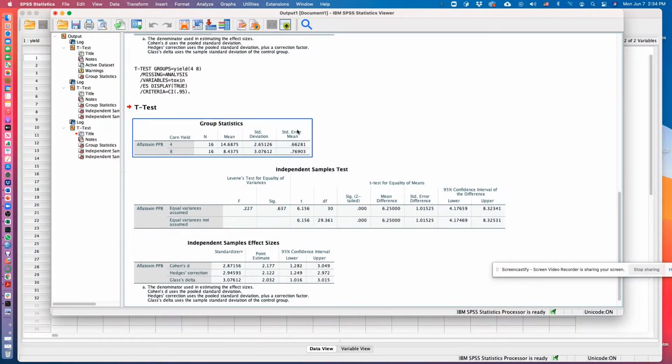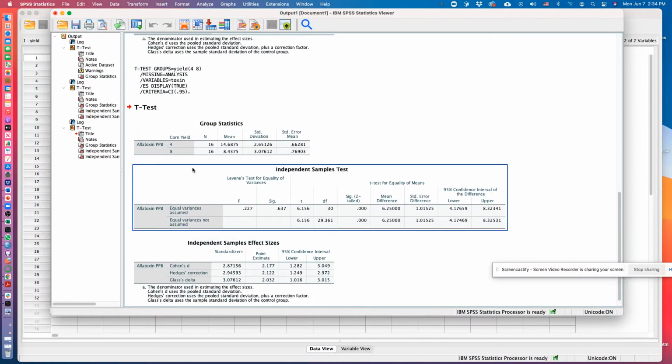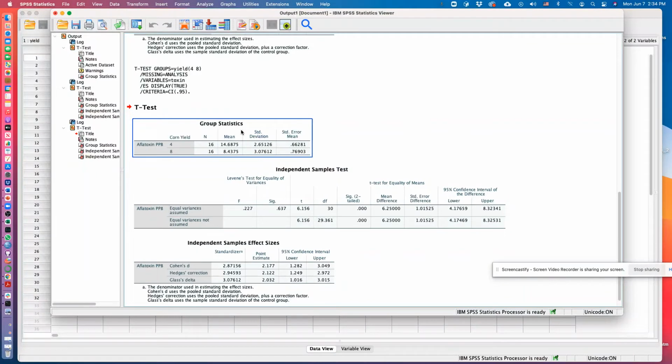And so this is what it would look like. You would have these three table outputs. And the first one is the descriptive statistics for your data set. So you see the 4 grouping and the 8 grouping, showing you how many members, subjects, participants, or in this case, yields are in this group.